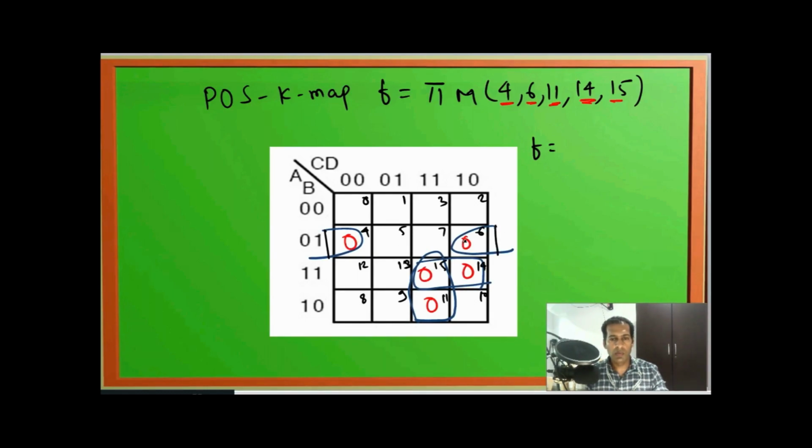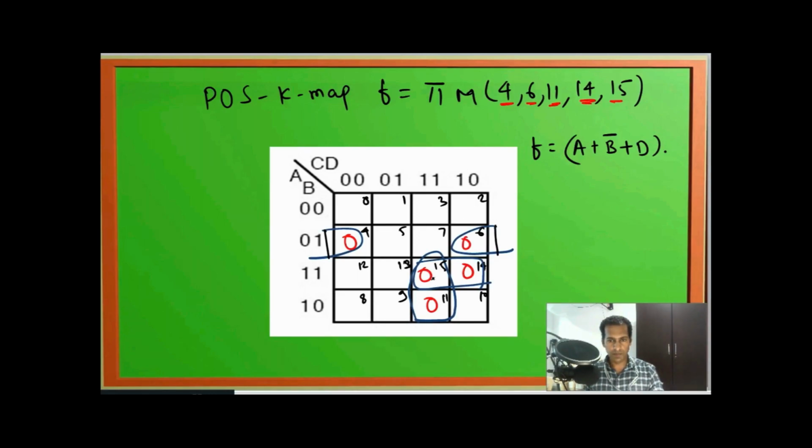For this, what are the commons we will see? Say we'll get A plus B bar and D. So here we'll get A plus B bar plus D. This is first function.